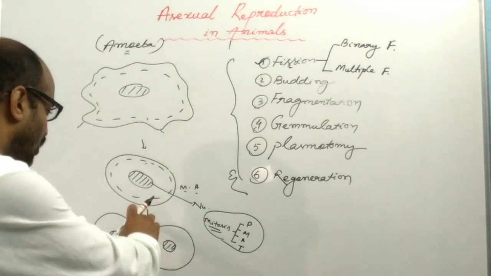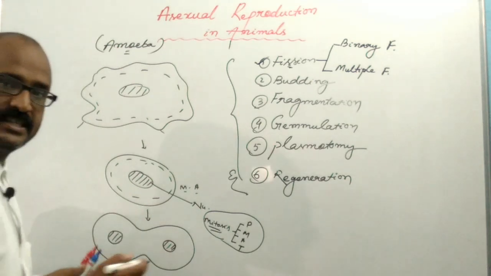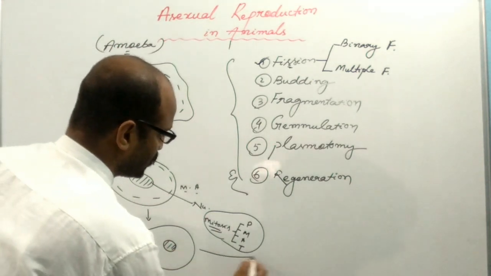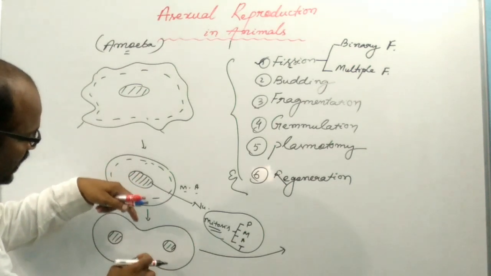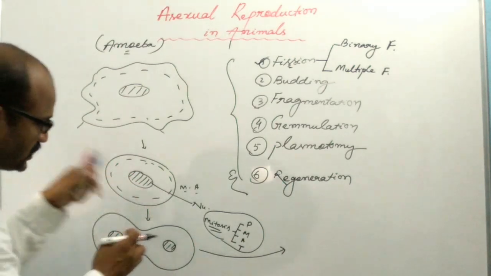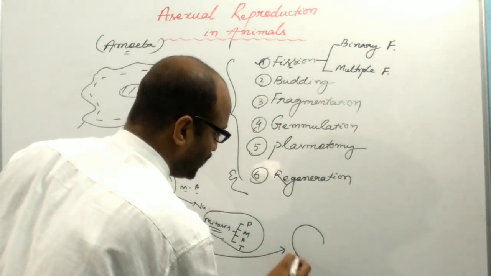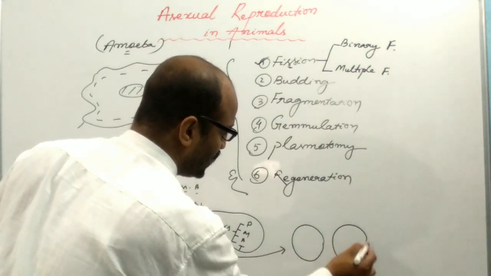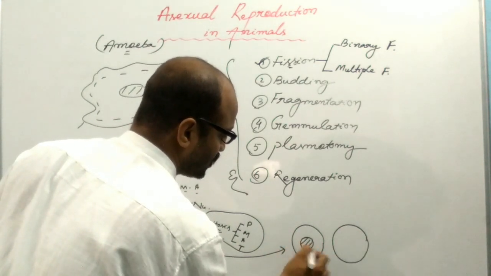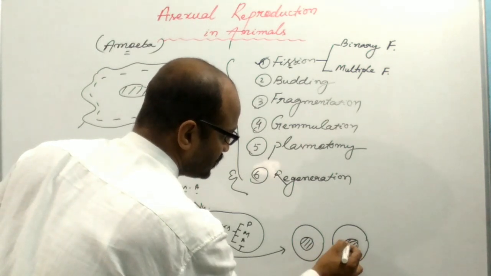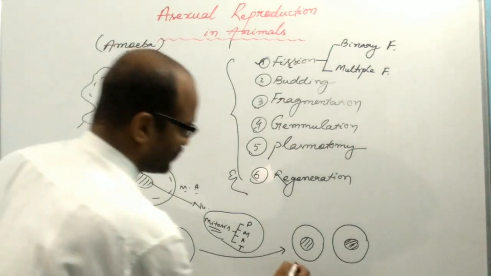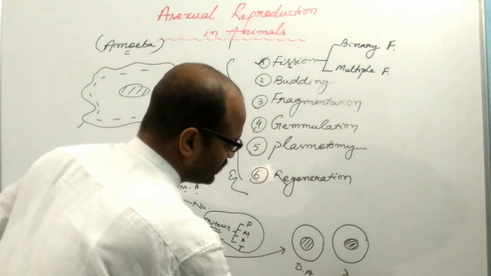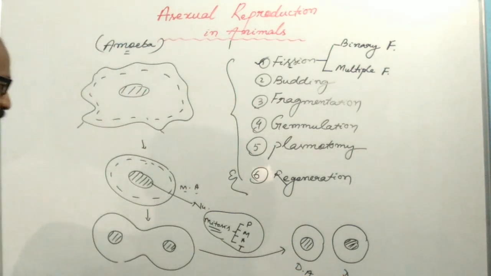Now cytokinesis takes place. The constriction goes deep and fuses, and eventually two individuals, daughter amoebae, are produced. This is the daughter amoeba, this is the daughter amoeba.